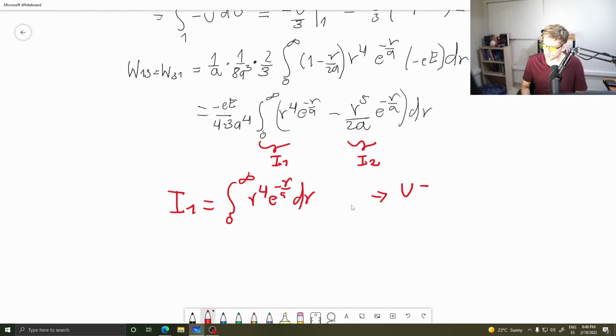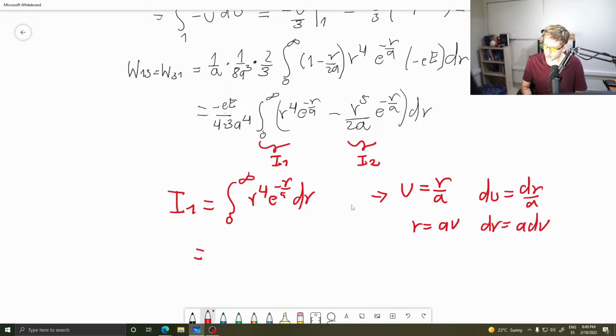So let's say u will be r over a, because that's in the annoying exponent. So du will be dr over a, or in other words, r will be a times u, and dr will be a times du.